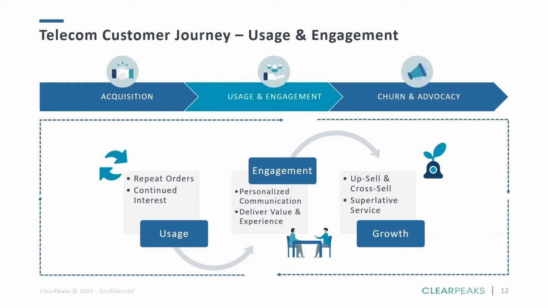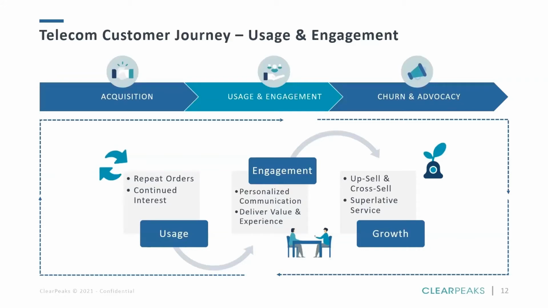So we have three areas. One is the usage, one is the engagement, then you have the growth. And once you have growth, it again feeds back to more usage, and it gives you more opportunities for engagement, and again opportunities for doing more growth. Now in usage, what we are trying to look at is how do we identify or measure usage.